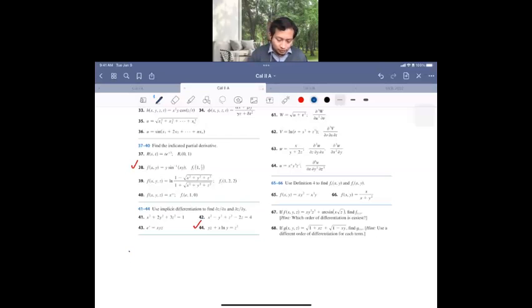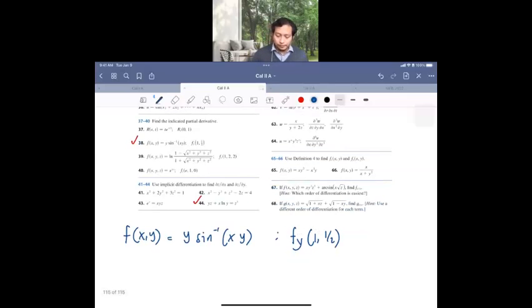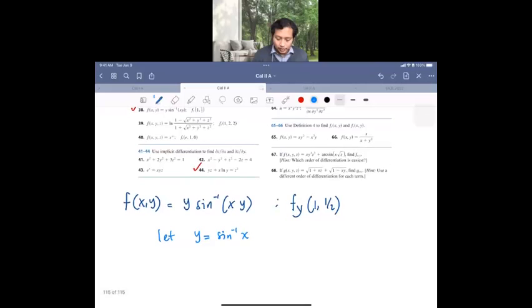Number 38. So f of x, y is y sine inverse xy. And we need to find partial y at 1 and half. Now let's start with y equals sine inverse x. If you don't remember how to derive, then we can say x is sine y.